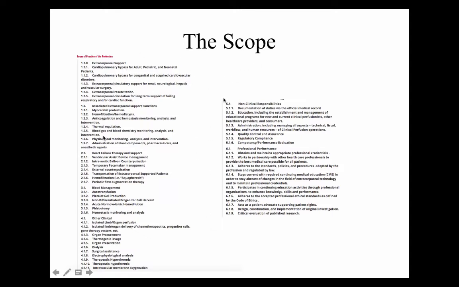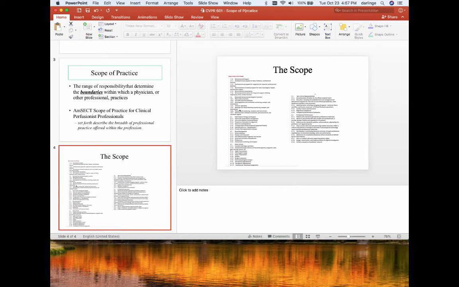And then over here from 5.1 to 6.1.9 is our non-clinical responsibilities and professional performances. So it gives us a variety of clinical activities, but it also documents our scope in a non-clinical realm and in a professional realm as well. So let's take a look. I'm going to bounce out to look at our scope of practice.